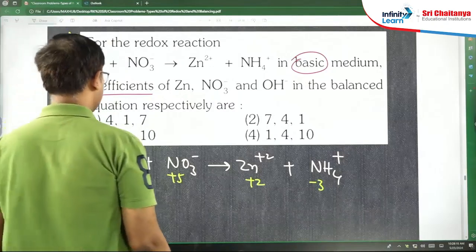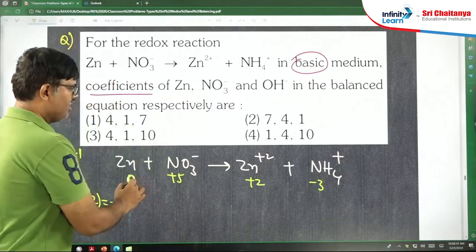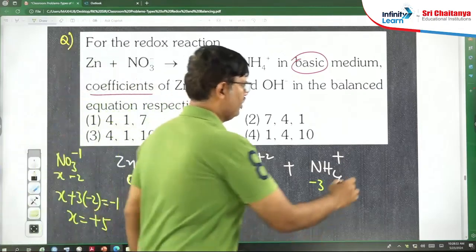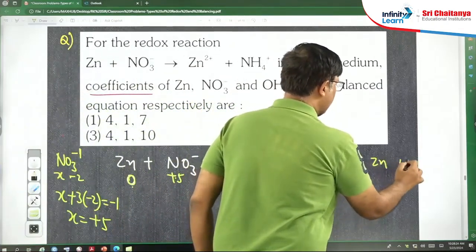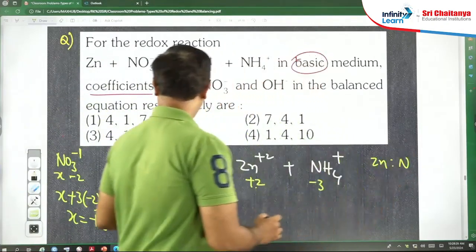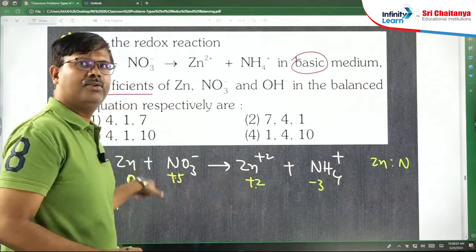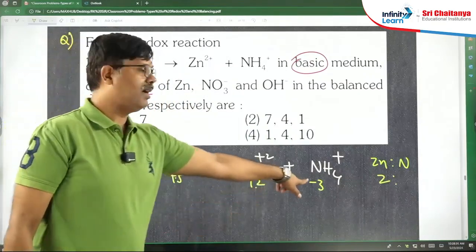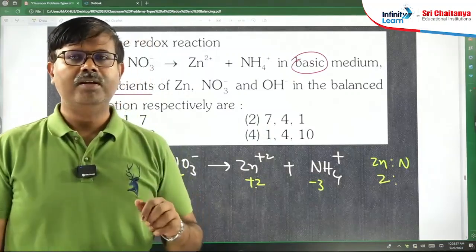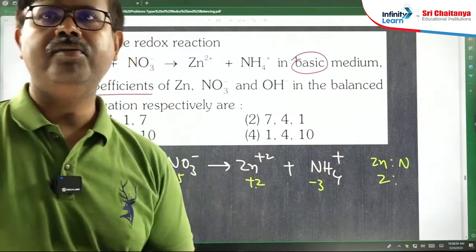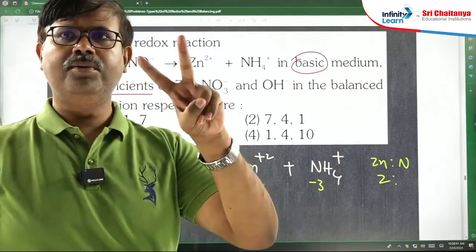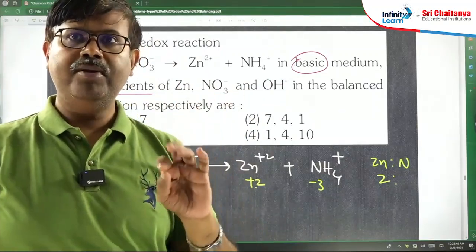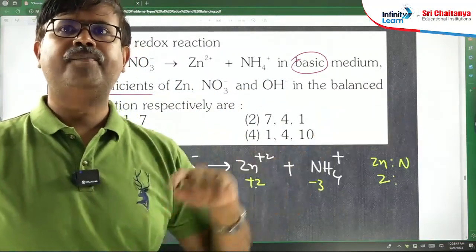So now, what are undergoing change? Zinc is undergoing change, nitrogen is undergoing change. So zinc and nitrogen, what is the ratio? Zinc changes by 2. Nitrogen changes by 5 minus 3. Listen carefully. Sometimes students think that the change from 5 to minus 3 is 2, because they subtract 5 and 3. But no, it is not 3 on that side, it is minus 3.